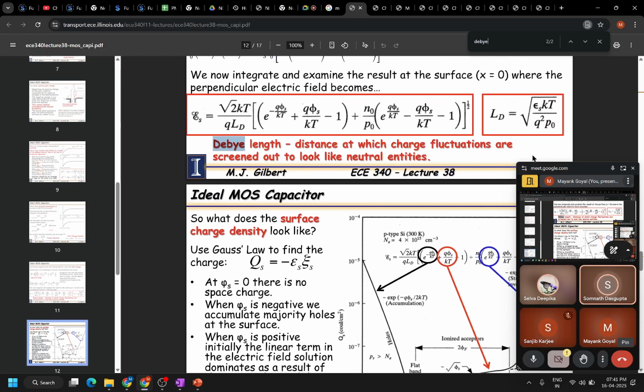The Debye length is equal to root over of epsilon naught kT by p naught q square, sir. p naught means n square, and kT by q.